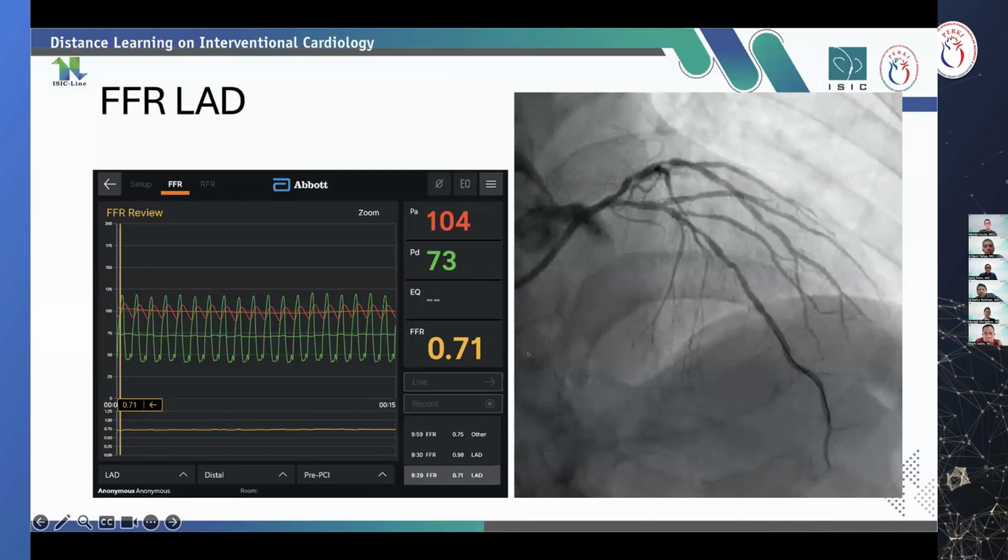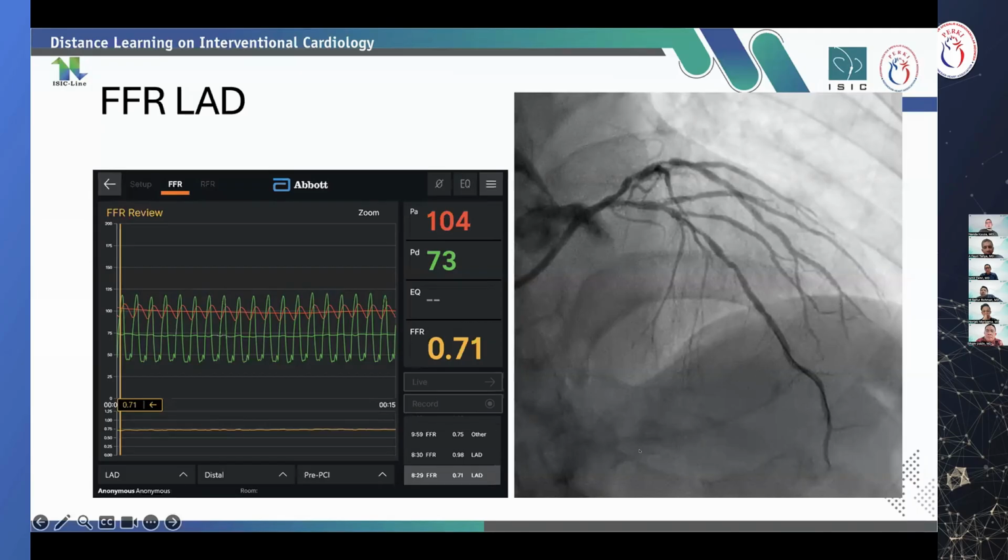No, I mean that you already measured FFR in the LAD territory, and there is a pressure jump. That is the reason that we can treat this, but when there is no pressure jump, diffuse disease, this is significant, but no pressure jump.